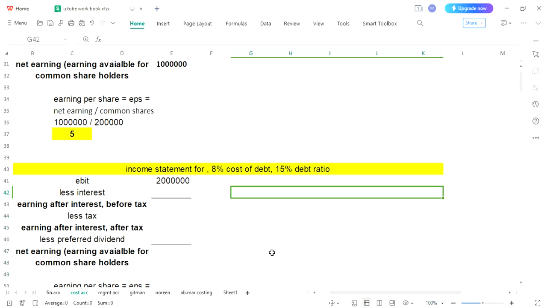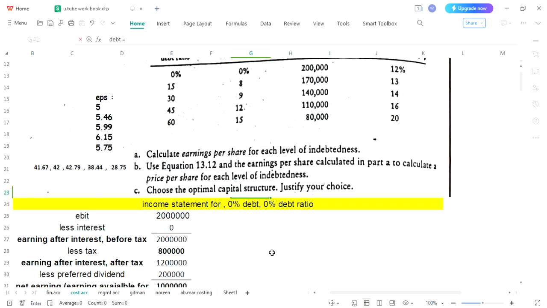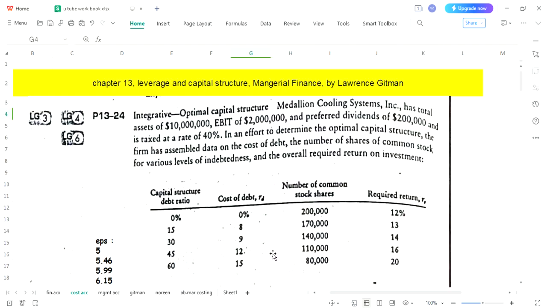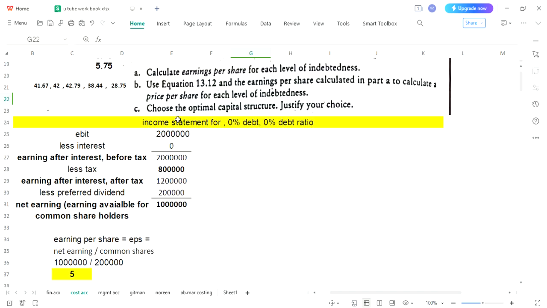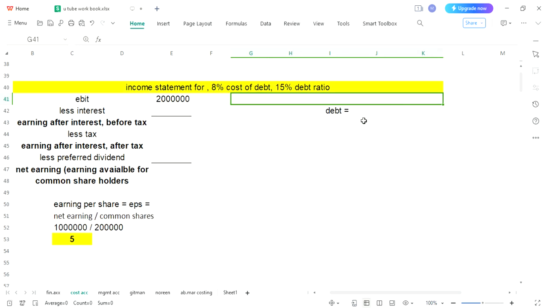Here, first you see how much debt we have. For debt, please note it down. We have capital structure debt ratio 15%, while your total capital structure is 10 million. And here you will calculate your debt. How?